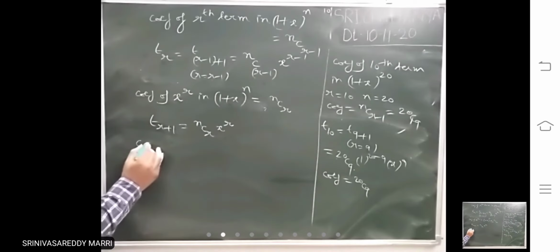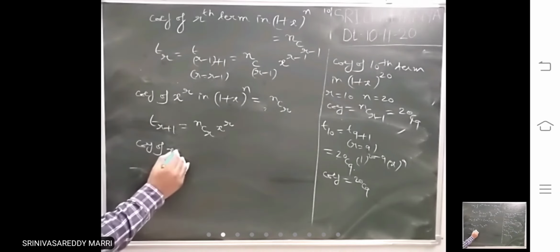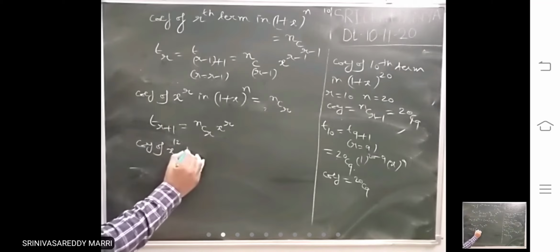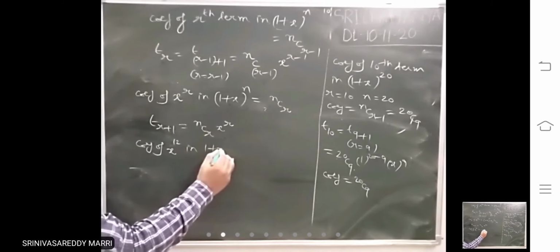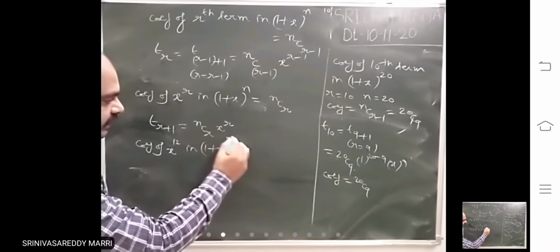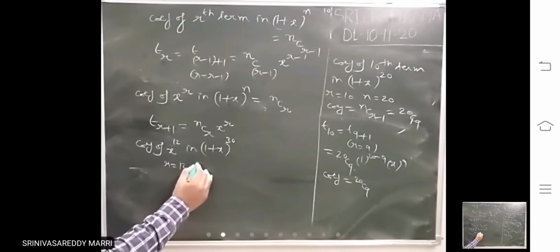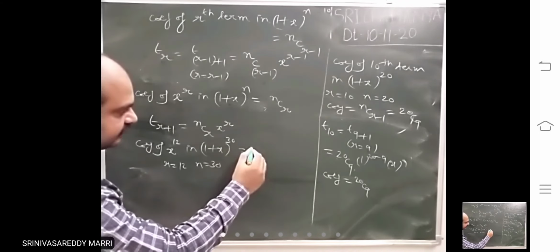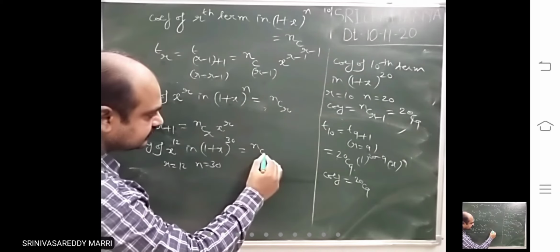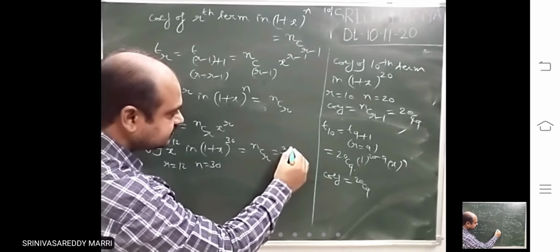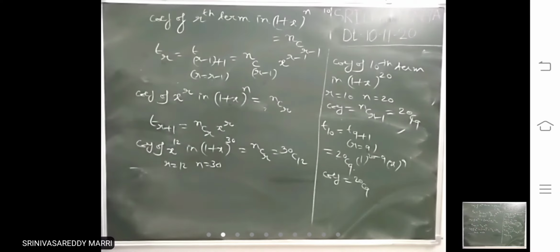That means how to use the formula: coefficient of x power 12 in (1 plus x) whole power 30. So here r is 12, n is 30. Directly you write nCr as the answer, that is 30C12 directly.